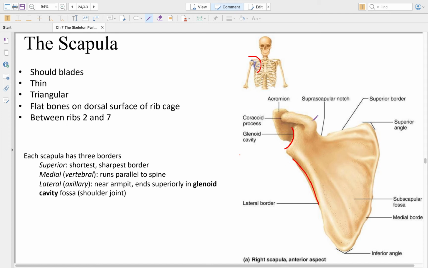Okay, now if we look closer, I want you to notice this end that's called the acromion, the suprascapular notch, and this little guy right here, the coracoid process.